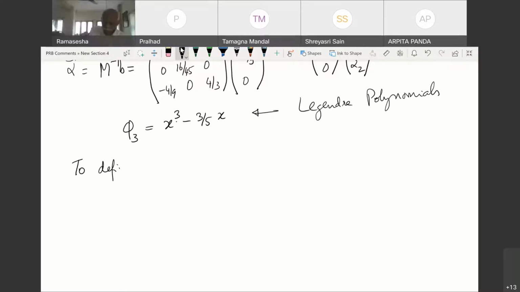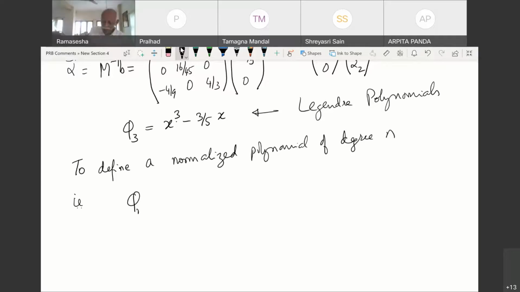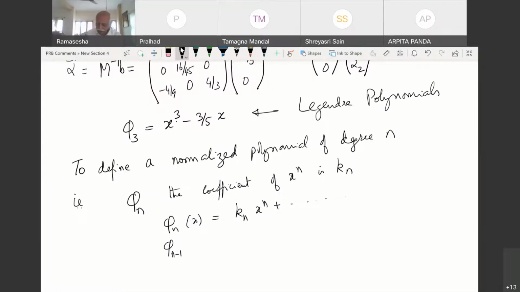Pn, that is, the coefficient of x to the power n is kn. So basically what I mean to say is that Pn(x) is kn x to the n plus etc. Similarly, Pn minus 1 of x will be k n minus 1 x to the power n minus 1 plus etc. Okay. So this is a convention that I'm going to be using.